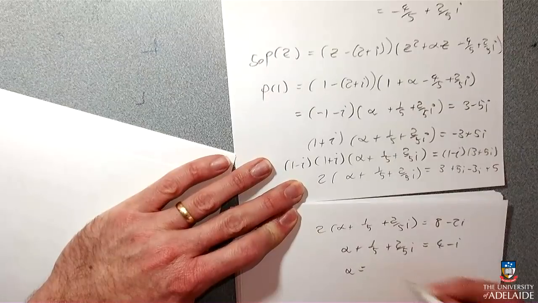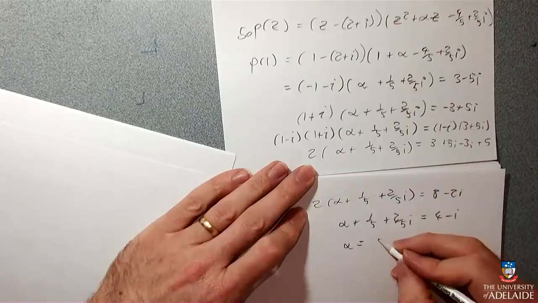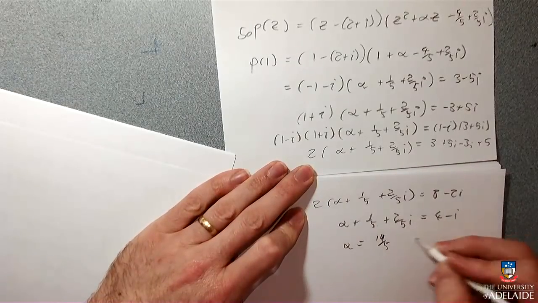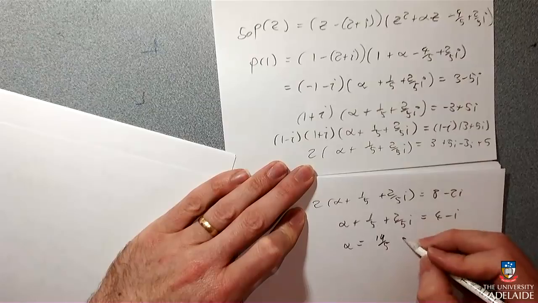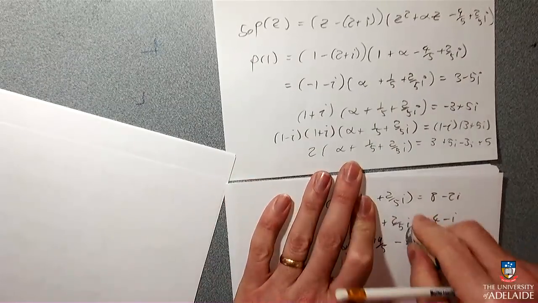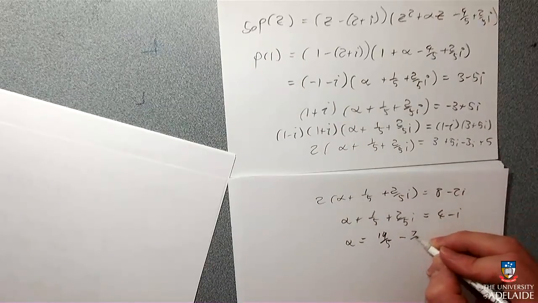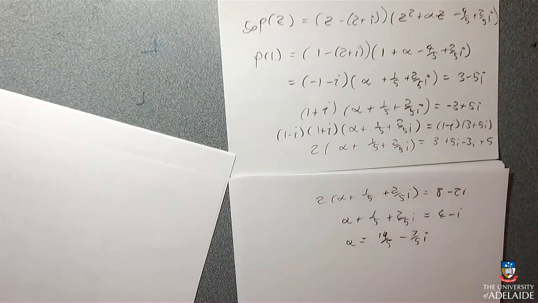And so therefore alpha is 4 minus a fifth, which is 19 fifths. There we go, we have it. Ta-da!